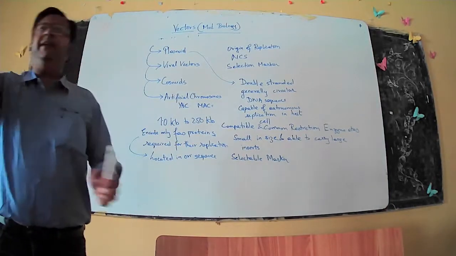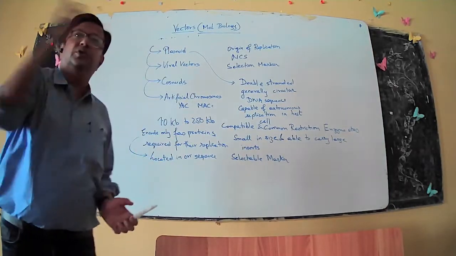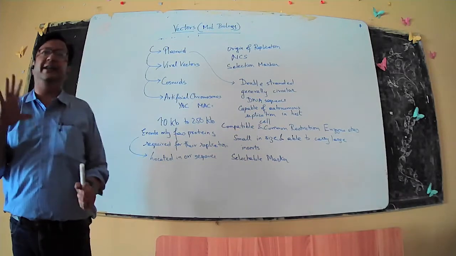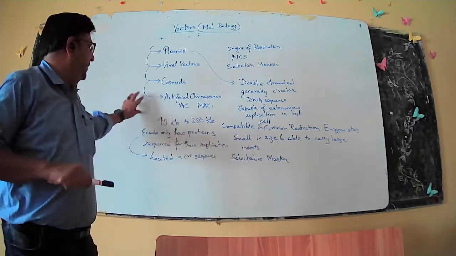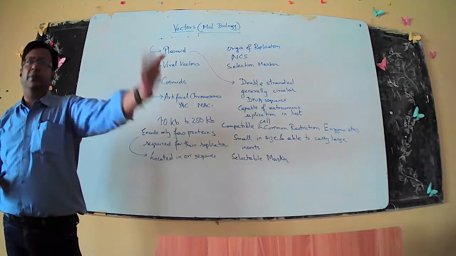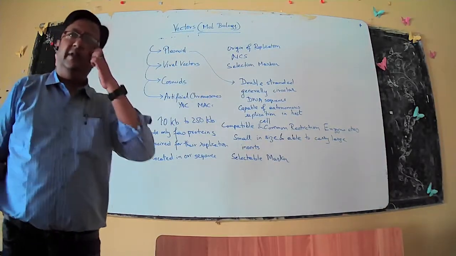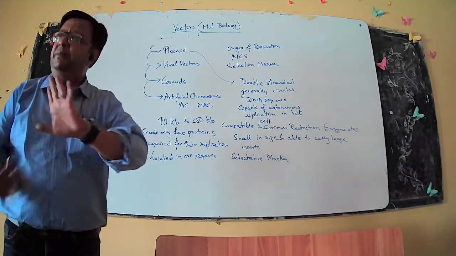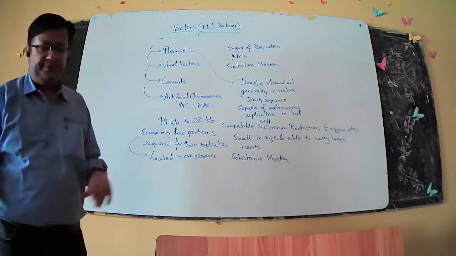The rest of what is needed for replication they take from the host. The host's machinery, the bacteria's machinery, is used. The plasmid has some sequences, and when it is transformed inside, it starts to produce its own proteins for replication, only some of them, but most of it they take from the host.